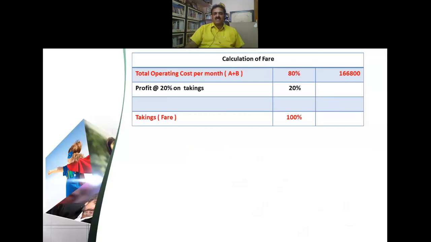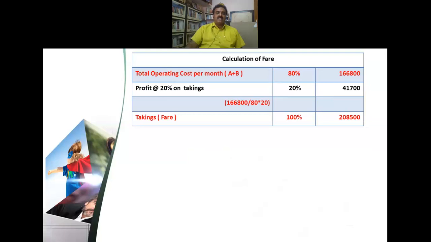That is by cross multiplication. 1,66,800 divided by 80 into 20, you will get 41,700. This is called the profit per month. And finally, your fare to be collected is 2,08,500. This is per month.